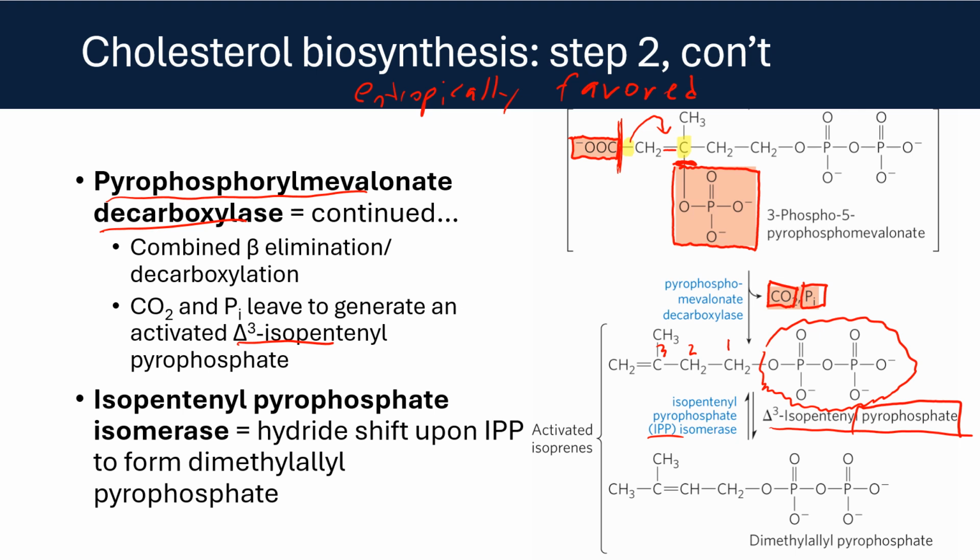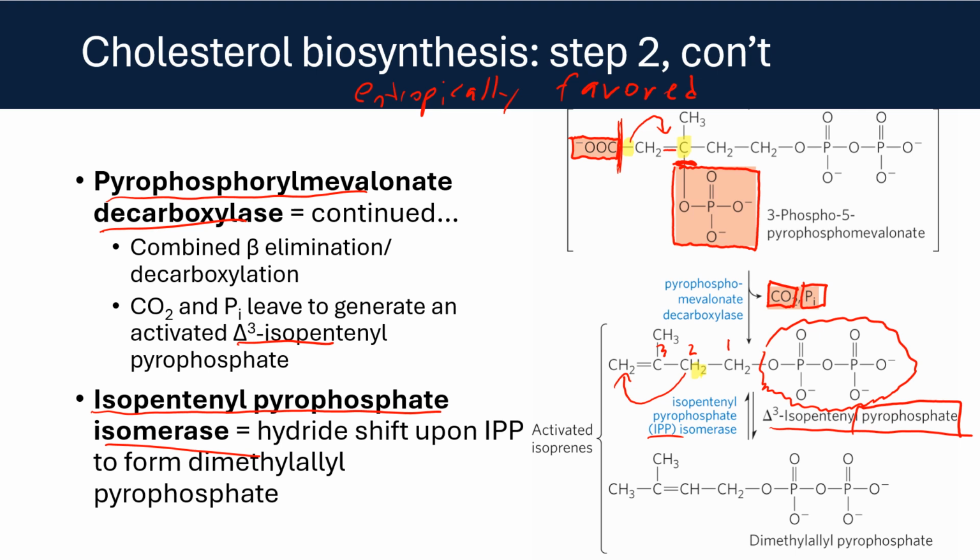The next enzyme to work on this activated isoprene is isopentenyl pyrophosphate isomerase. What this enzyme will do is a hydride shift, and it's going to rearrange the location of that terminal alkene and move it inwards. And we do that by grabbing one of these hydrides and moving it to the end.